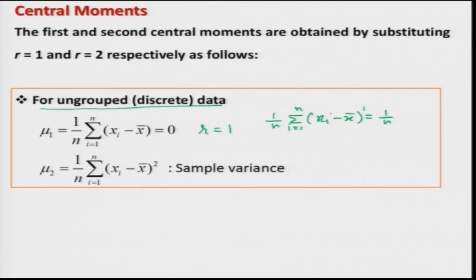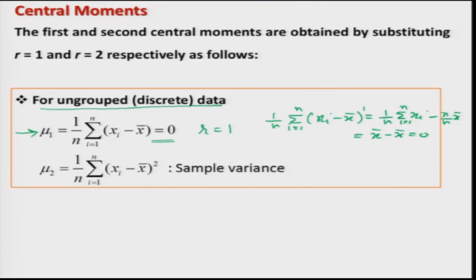So, I can write summation x_i goes from 1 to n minus n upon n x bar. So, this quantity becomes x bar minus x bar, which is equal to 0. Now, I can say that the first central moment in case of discrete data will always be equal to 0, and in the next slide I will show you that the same is true in the case of continuous data also. So, in general I can say that the first central moment is always 0.